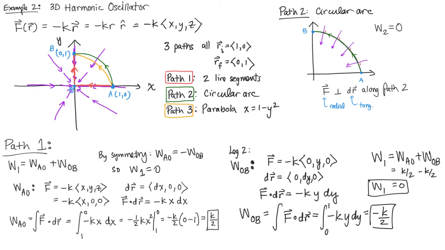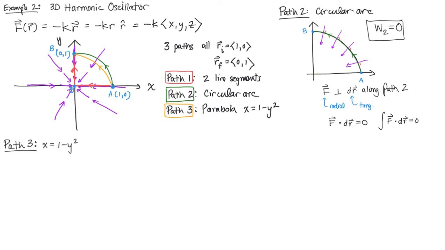So if that's the case, then f dot dr is everywhere 0. So when you integrate f dot dr, you get the integral of 0, and you get 0. So we found on path 1 the work is 0, and here we quickly can see also on path 2 that work is 0. So what's left then is to look at path 3.